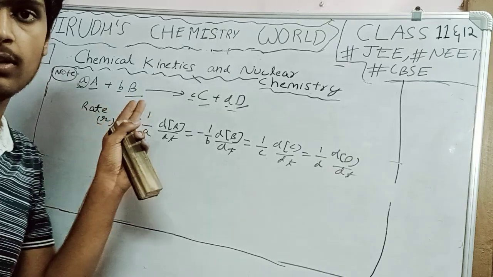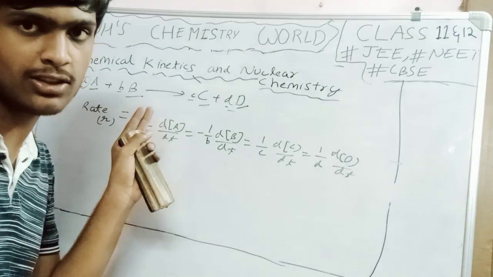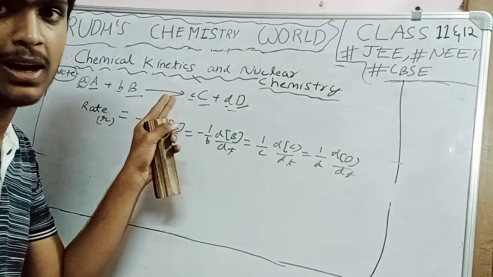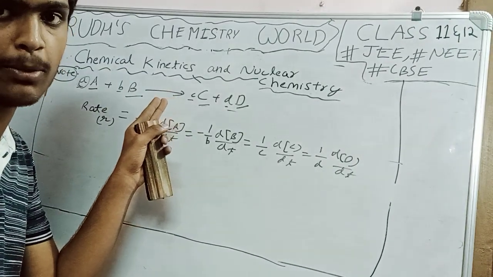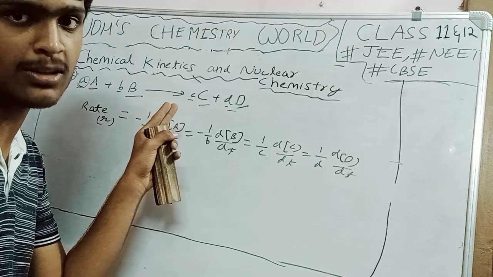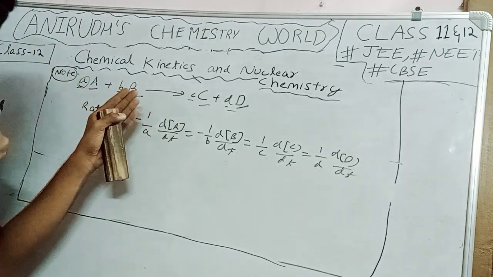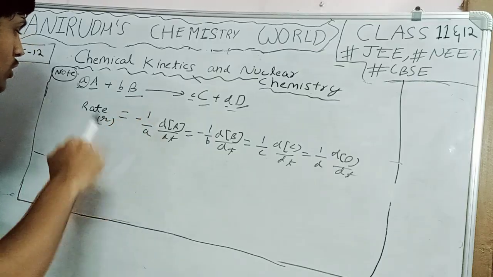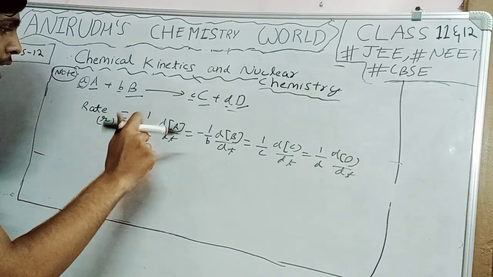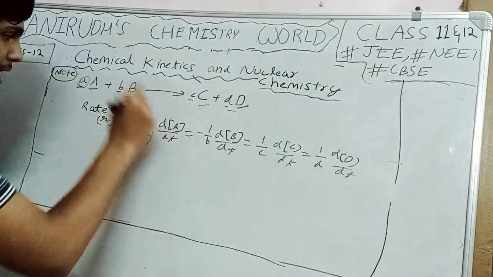Normally you'll write the rate as minus d concentration of A by dt, but since there is a coefficient, you should multiply with the reciprocal of the moles also. So rate is equal to minus 1 by a, d concentration of A by dt.